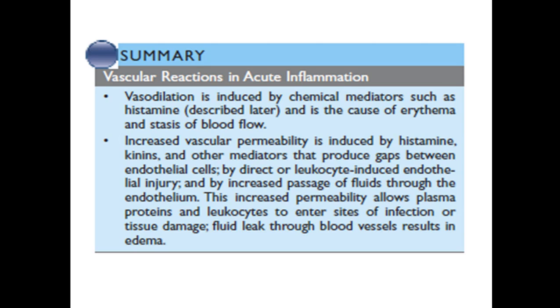Automatically, as a result, the increased permeability will lead to proteins and leukocytes leaving the blood and going outside the vessel wall into the area of infection or inflammation, and they will cause accumulation of fluid in the form of exudate or edema.